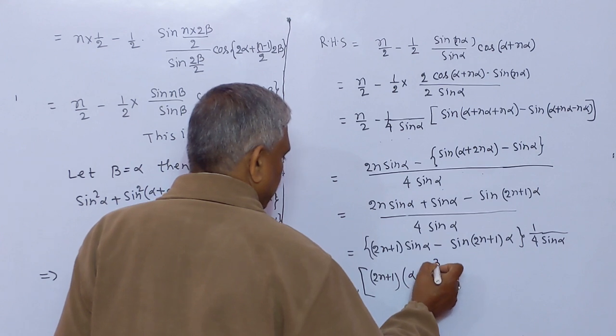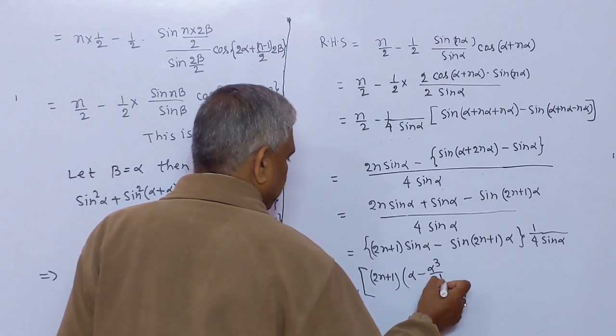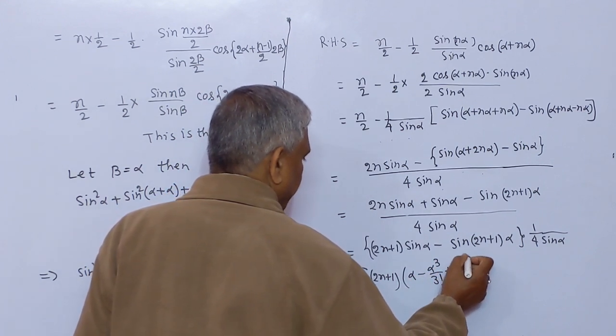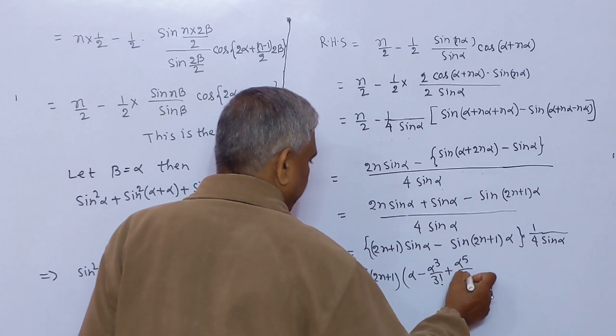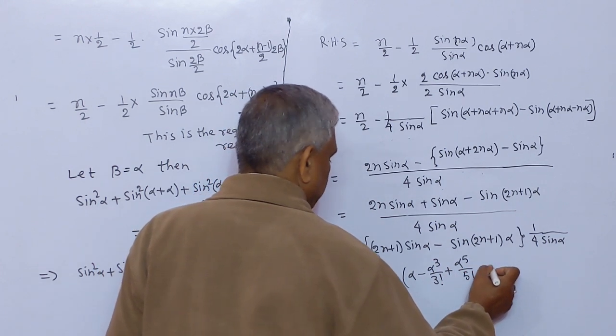Alpha minus alpha cube by factorial 3 plus alpha to the power 5 by factorial 5 minus dot dot dot.